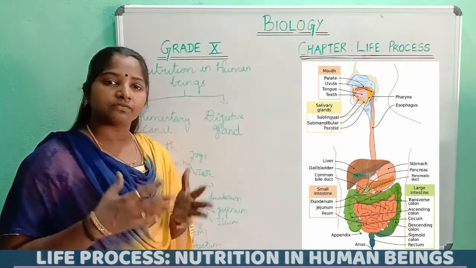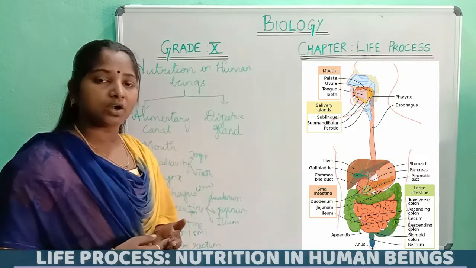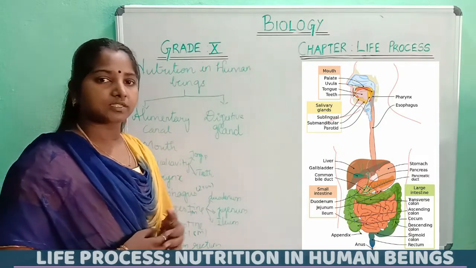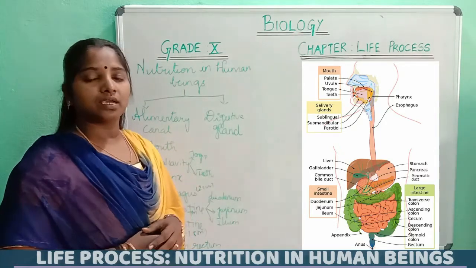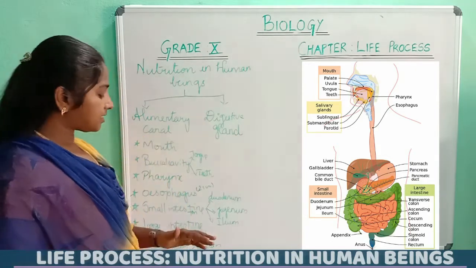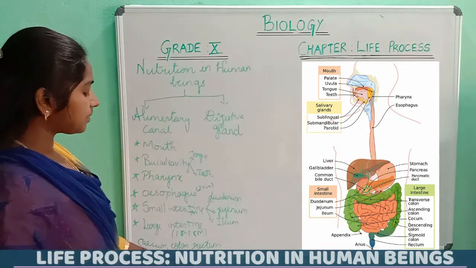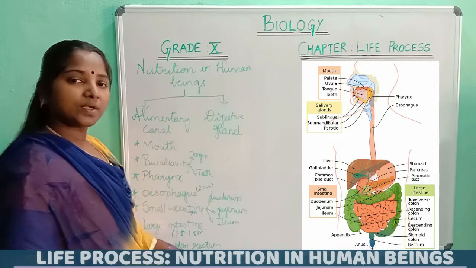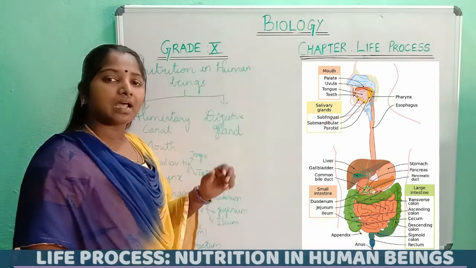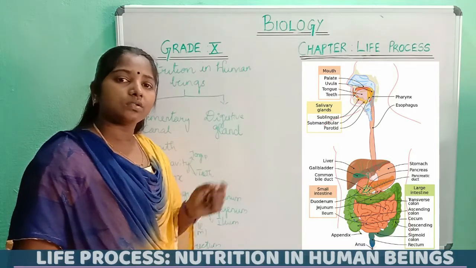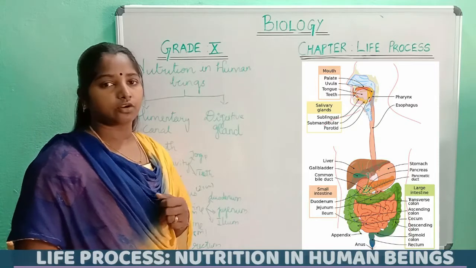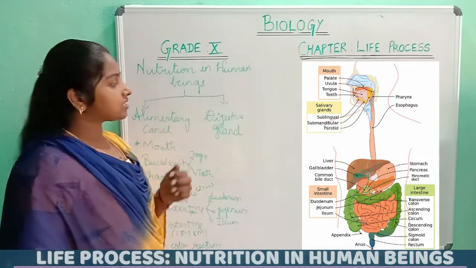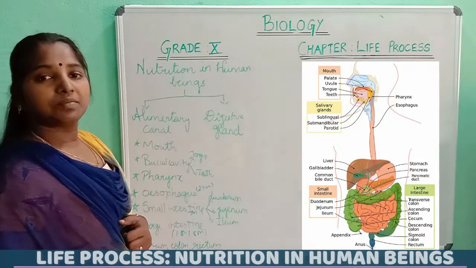It transforms all the waste products into feces, you know what feces is, and it is sent out through the anus. The large intestine consists of three parts called the cecum, colon and rectum. With the help of these three parts, the large intestine sends out all the waste products outside of our body through the anus. So this is the function of the alimentary canal.